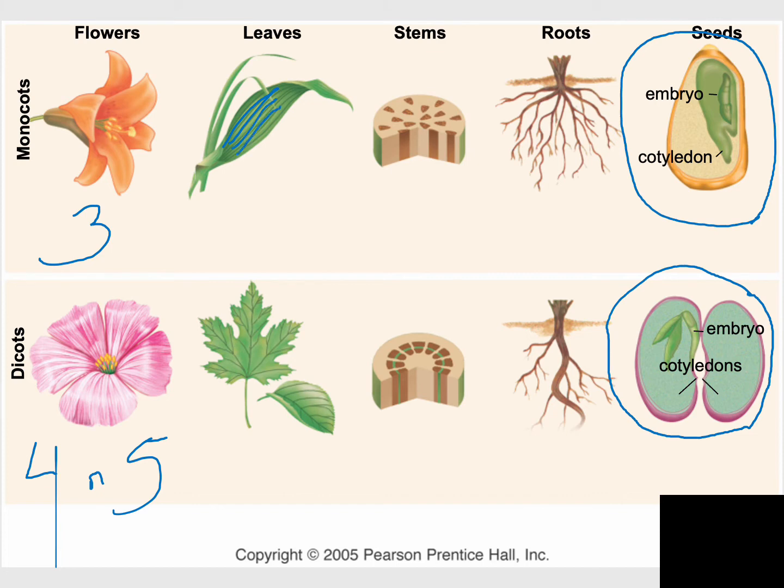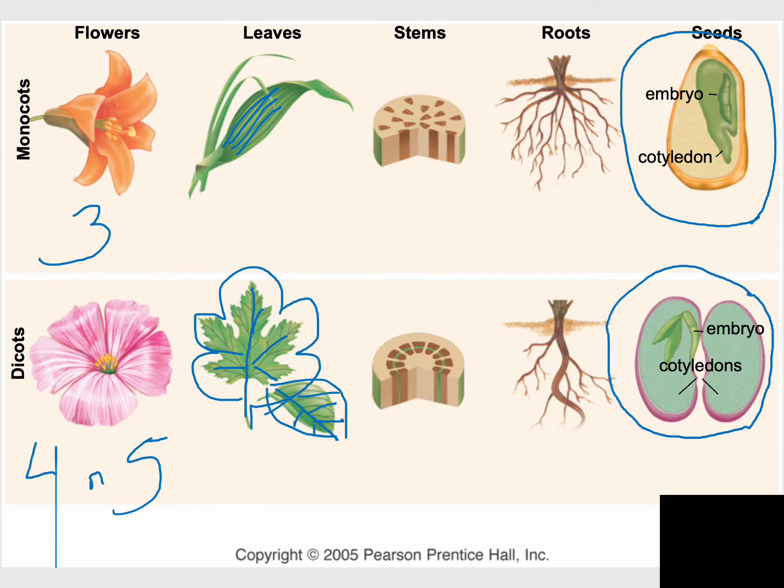The dicots are either oval or palmate, like the palm of your hand, like finger shaped, right? And they also have one main vein, and the rest of the veins radiate off of there. Net veined, again, one main vein, and the veins radiate off.